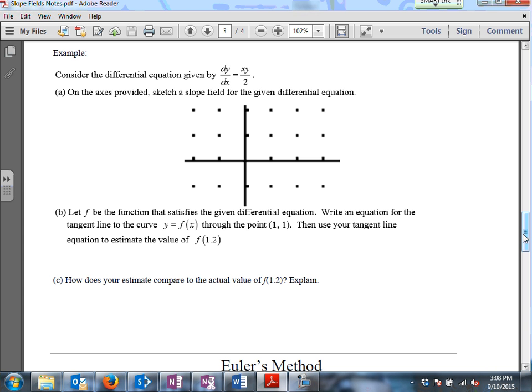All right, so let's talk about this tangent line thing. How close does our tangent line get when we approximate values? Depends on what the slope is. It depends on the slope, and it depends on how far away you are from that point. It would be nice to have a closer estimate.